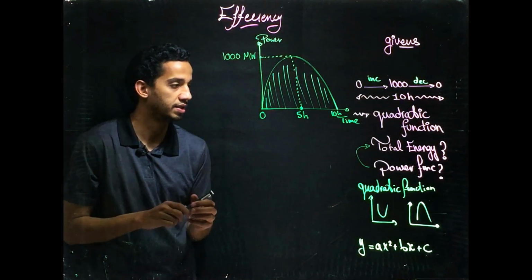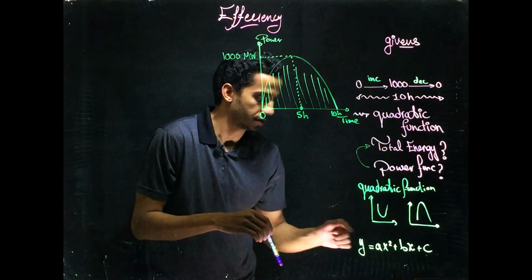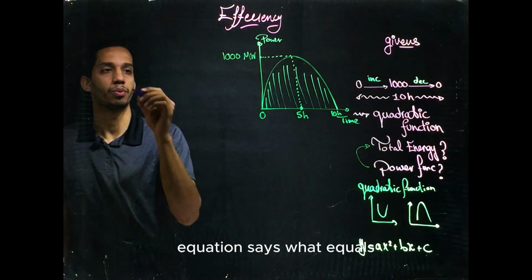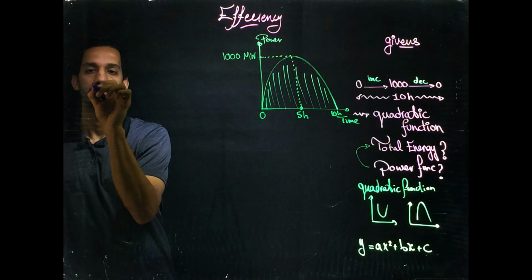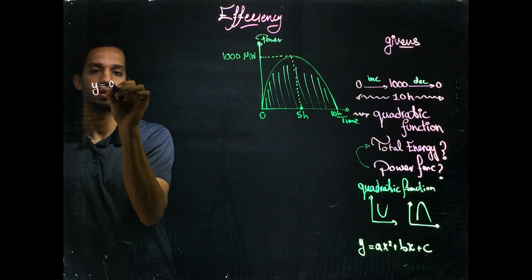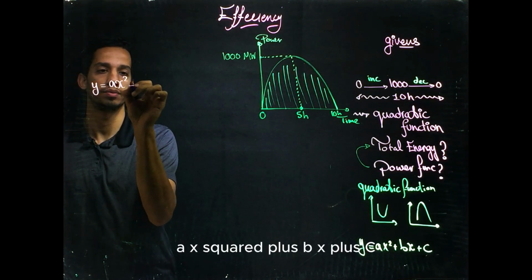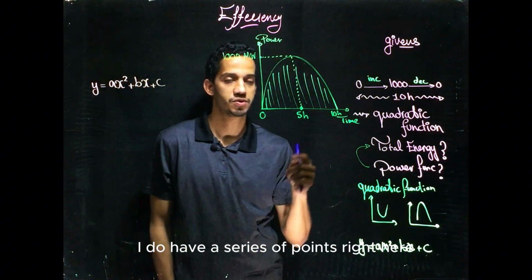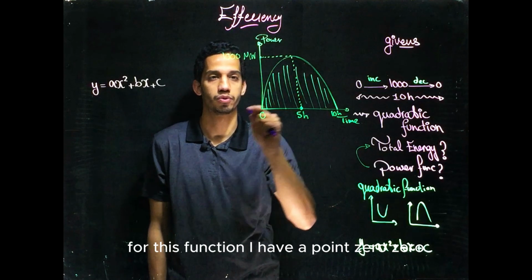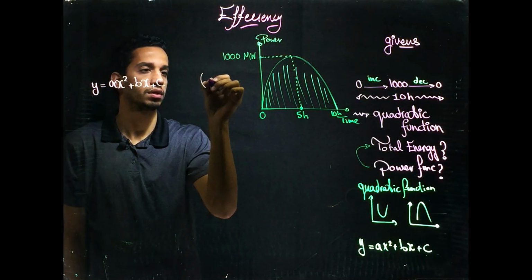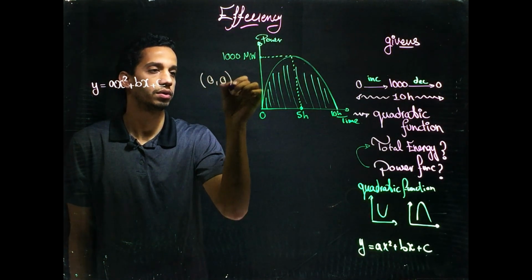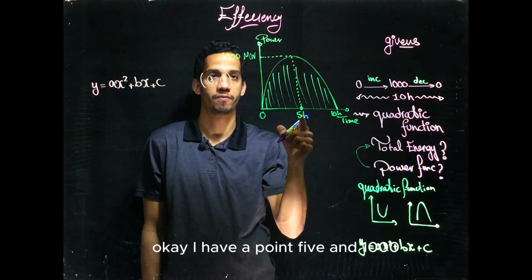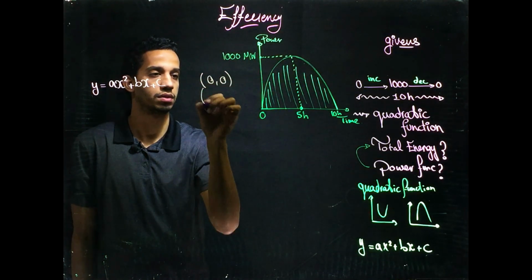I'll use the purple one. My equation says y equals ax squared plus bx plus c. I do have a series of points right here for this function. I have a point 0, 0. Okay. I have a point 5 and 1000.